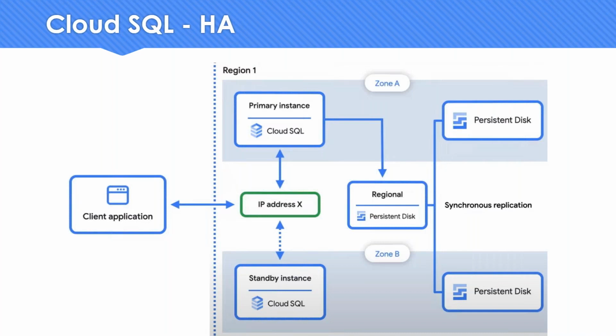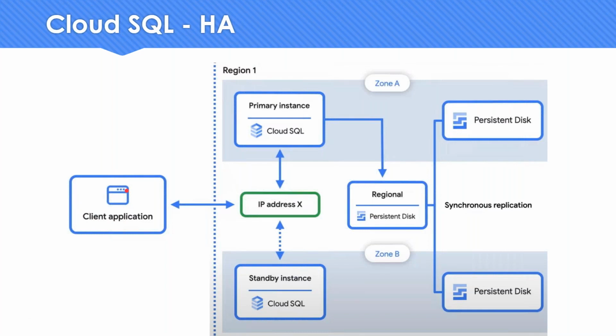Why are we doing a manual failover? We want to see whether the failover really works or not. The highlight of this failover is that the client does not have any impact. The client continues to work. There's going to be a small glitch, or for a short time there's going to be a downtime, like 2 or 3 minutes or sometimes 5 minutes, where the client will not be able to connect.